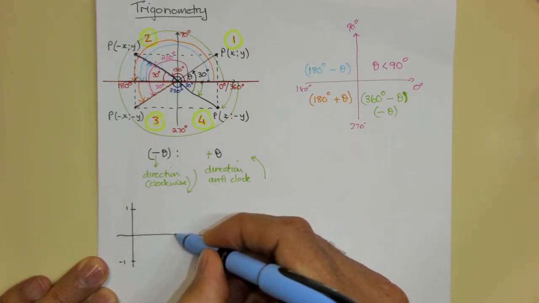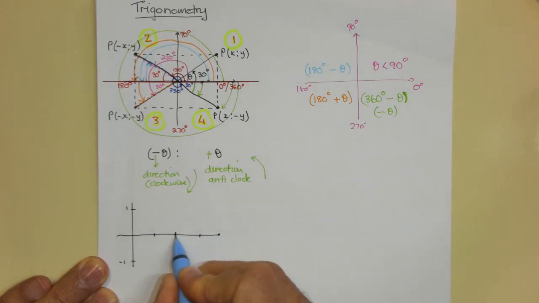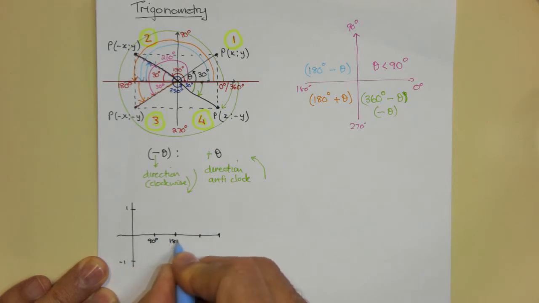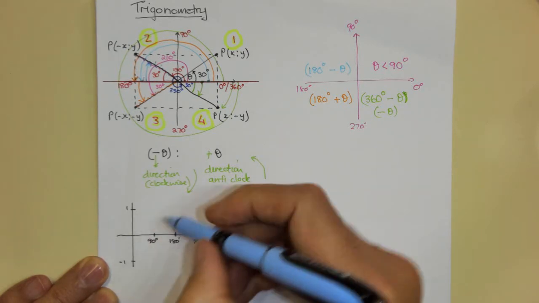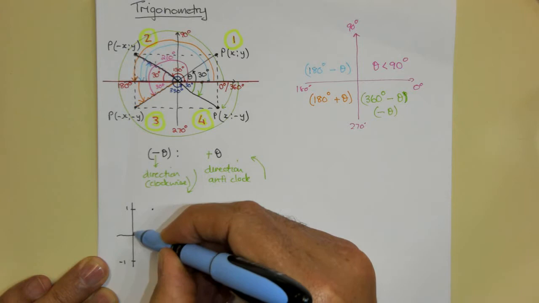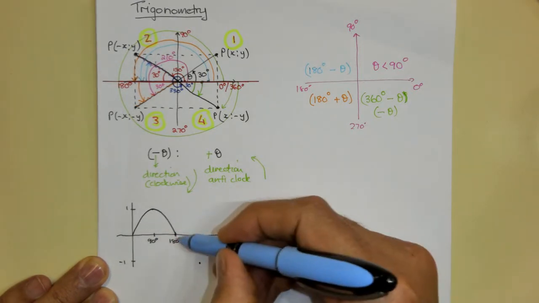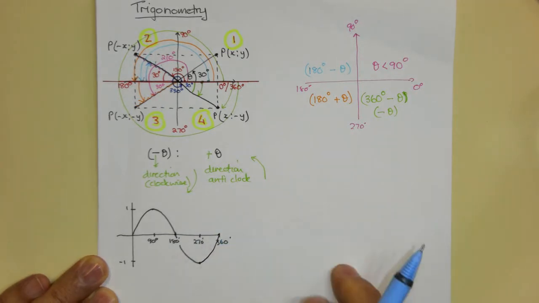It reaches a 0 at 180 and at 360, 90 and 270. It has maxima and minima. So if I quickly draw in my 4 quadrants or my 90 degree multiples, I am going to go up, I maximize, I turn back to 180, I reach a minimum at minus 1, and then I turn back to 360.